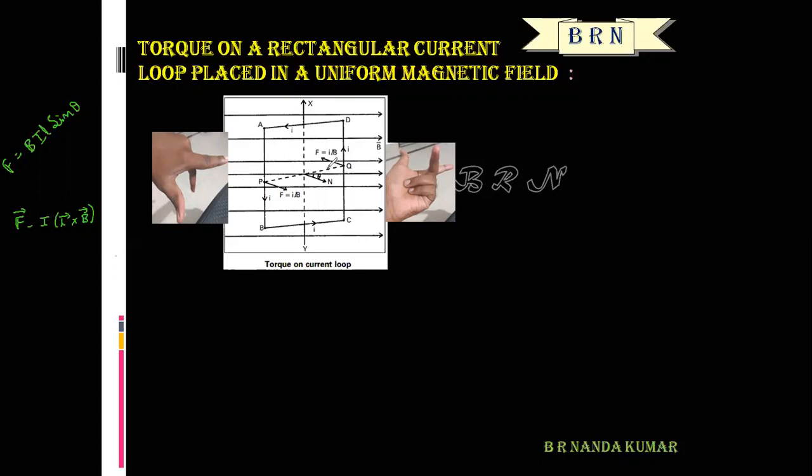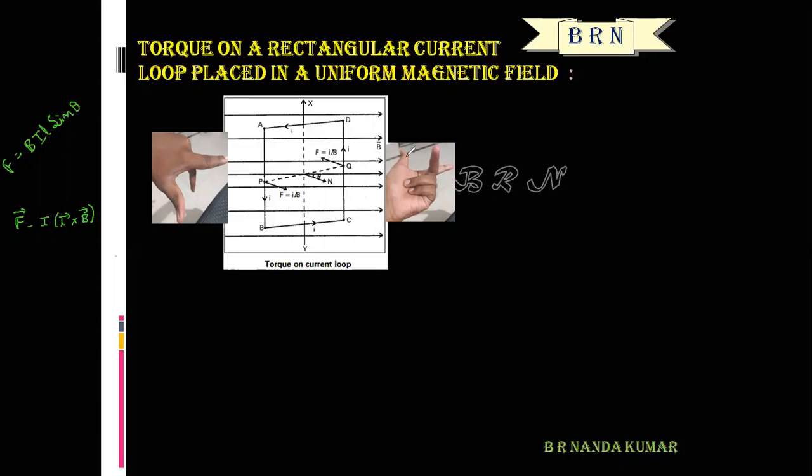So in a similar way, here the current is flowing in vertically upward direction, and this is the direction of magnetic field. Again, stretch out the first three fingers of left hand in three mutually perpendicular directions. So the forefinger points in the direction of magnetic field, that is from left to right, and middle finger points in the direction of current flowing, that is vertically upwards, right?